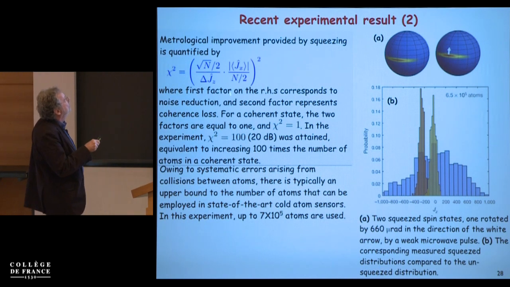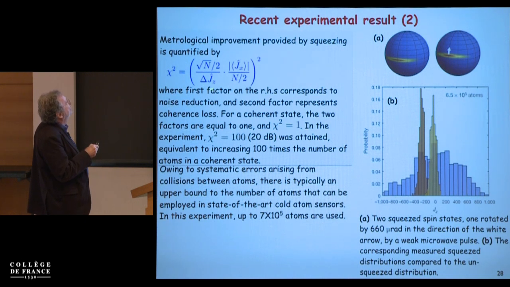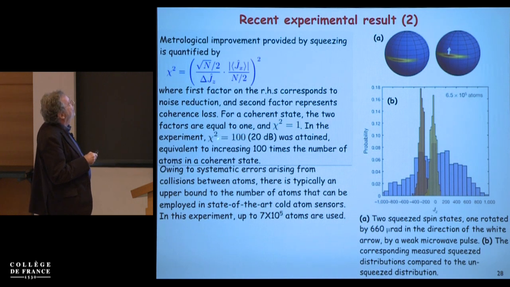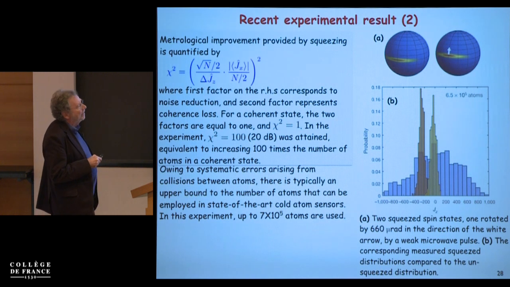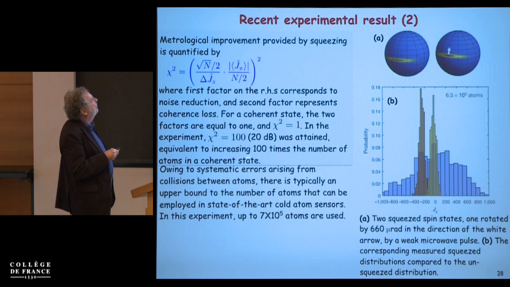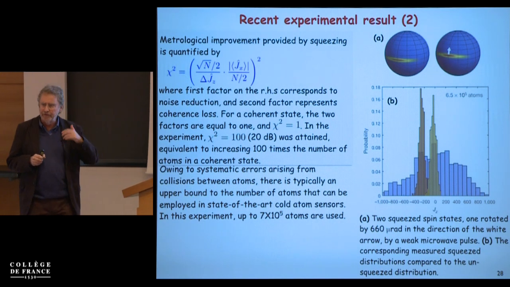Now, if you keep this constant, you see that if you reduce the standard deviation, you increase chi square. For a coherent state, chi square is equal to 1. In the experiment, they obtained chi square equal to 100. That corresponds to 20 decibels. And this is equivalent to actually increasing the number of atoms with the coherent state by 100.